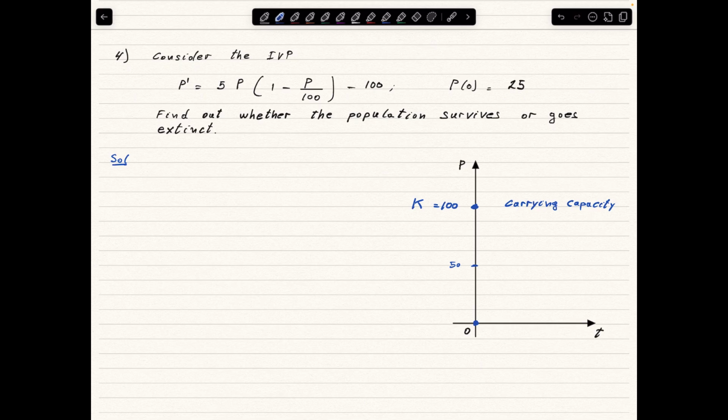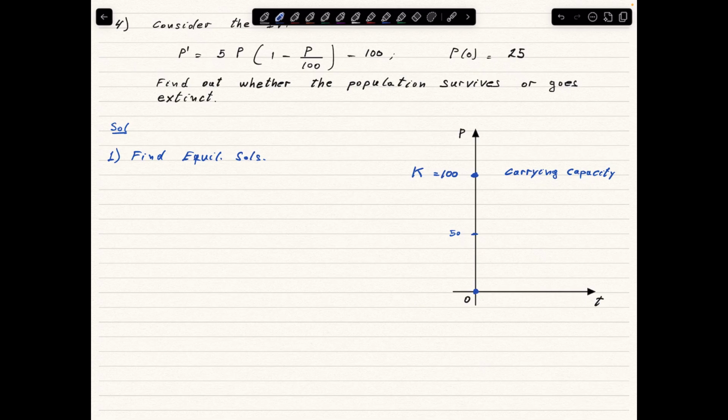What do we do here? Well, we start exactly doing the same thing we started in the previous problem. Find equilibrium solutions. What are the equilibrium solutions here? They are constants, solutions of the equation. So because they are constants, this is 0. And on the other side, we have 5p(1 - p/100) minus 100.